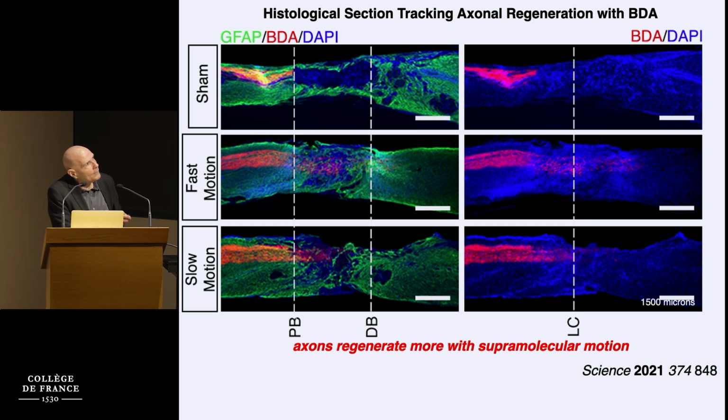This is the epicenter of the injury, right here, the dashed line. And you see that in the fast motion, with the recovery of walking ability, the regenerating axons cross over this magic line here, which is the epicenter of the injury, and you see regeneration going on down there. And here, you don't see it in the slow.